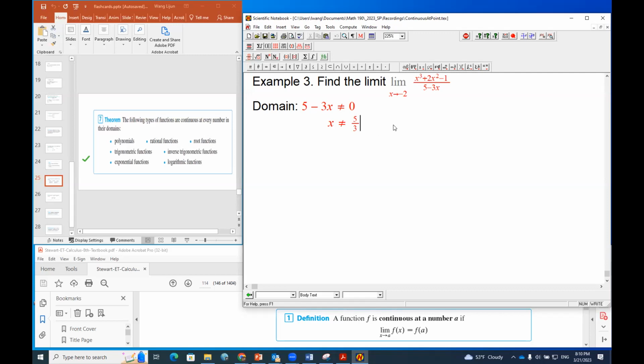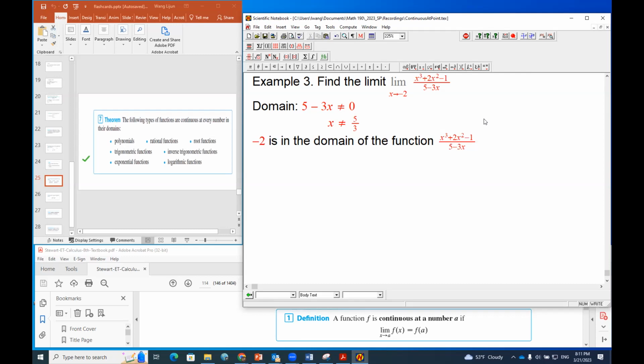That's the only number that cannot be in the domain. Is -2 in the domain? Yes, -2 is in the domain of the function.